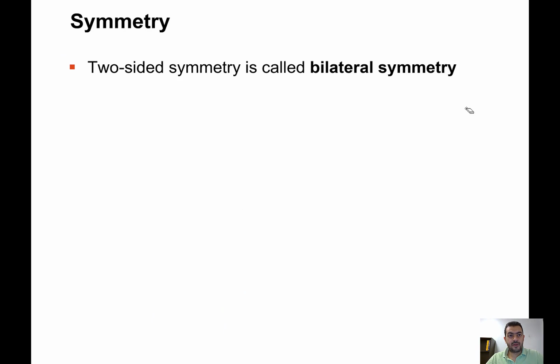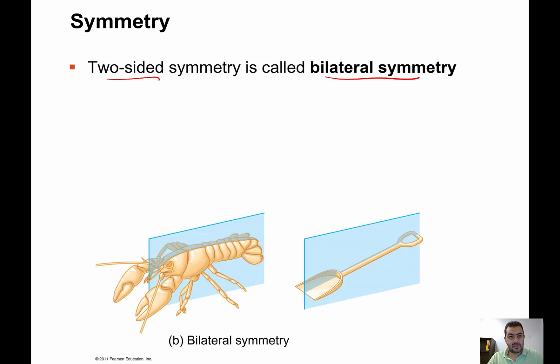Then, moving on with symmetry, we started with animals that don't have symmetry. Some others have radial symmetry, and the third group is what we call bilateral symmetry. These can be characterized as animals showing two-sided symmetry.